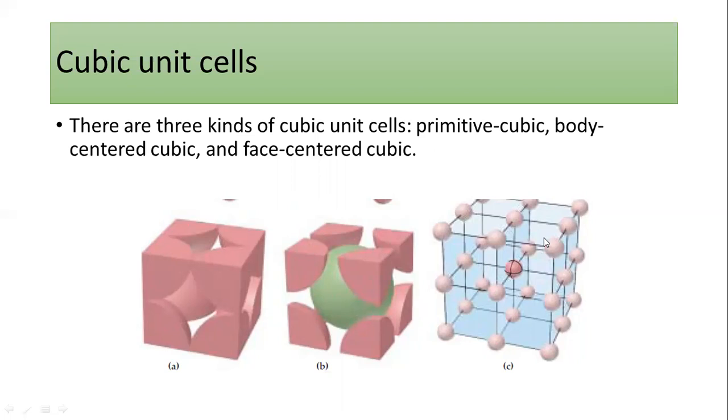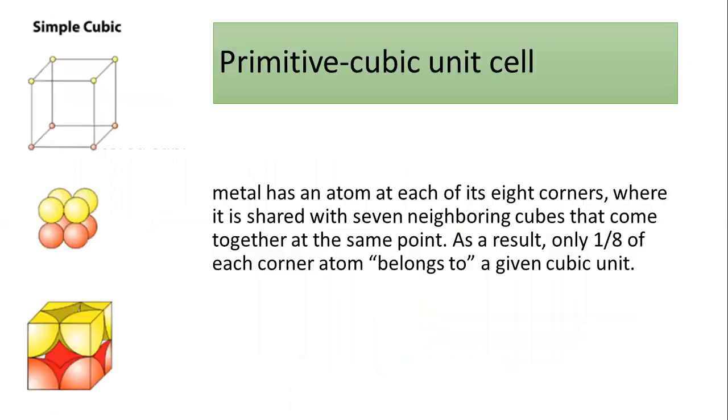These are displayed here, and I will explain the difference between them in the next slide. Similarly, there are other crystal systems with their own unit cells, but according to your syllabus, we will talk about just the cubic unit cells.